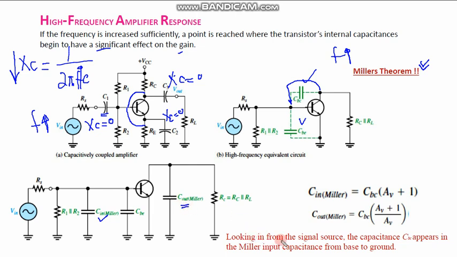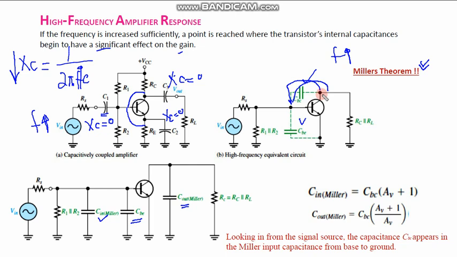We talk about CBC, the capacitance from the output to the input. Remember CBE is different: it is already in the input loop, so it is already taken into account.